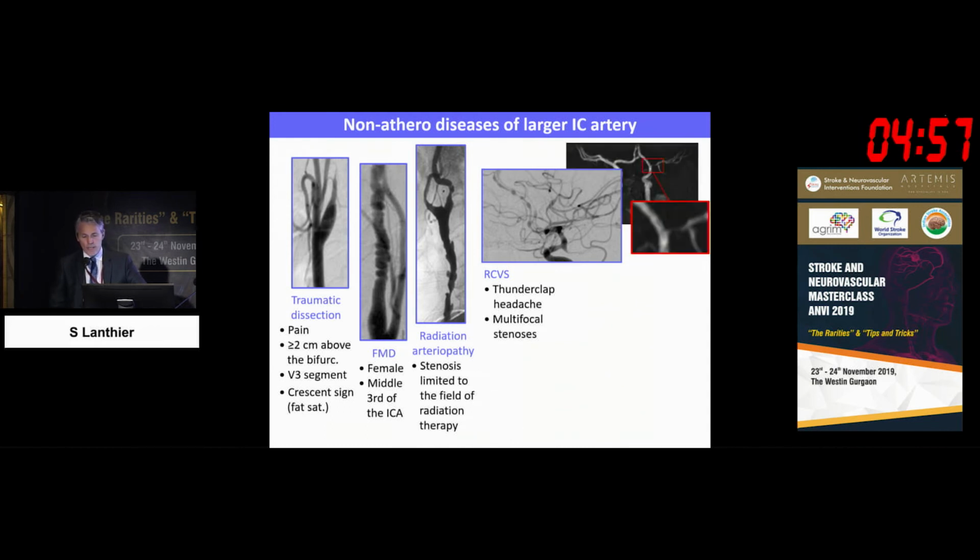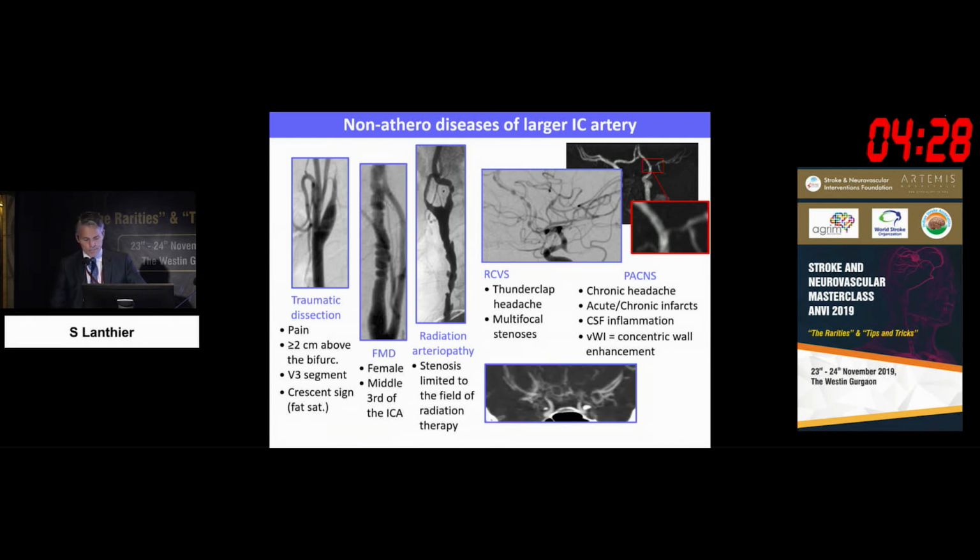This, by contrast, single fusiform stenosis, is consistent with PACNS, primary angiitis of the central nervous system, and this will be discussed later on. Basically, patients present with subacute to chronic headaches, acute to chronic infarcts on the brain imaging, CSF inflammation, and vessel wall imaging is very interesting, as was discussed before, showing concentric wall enhancement.